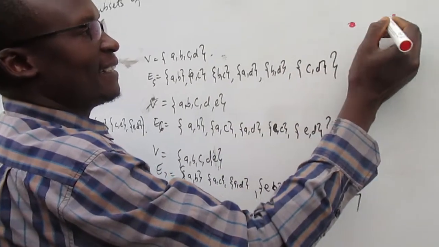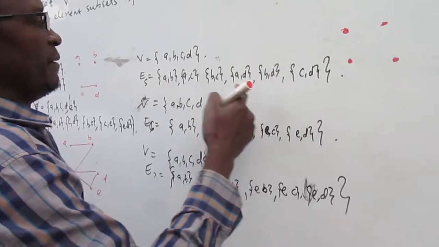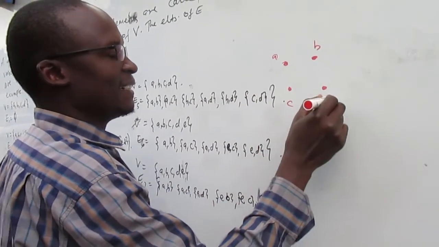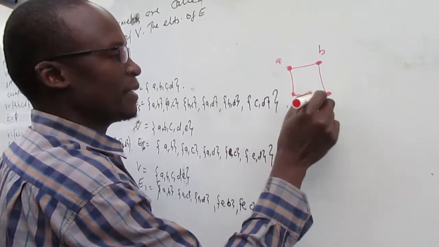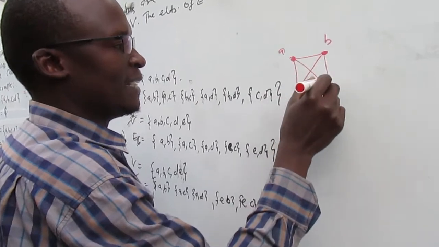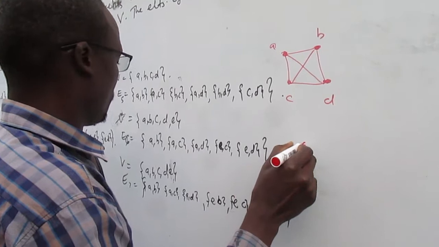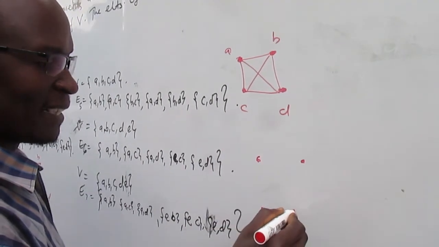Now in this other case, we have four vertices A, B, C, and D, and according to the information given, all the vertices are connected by an edge. This other graph looks something like this.